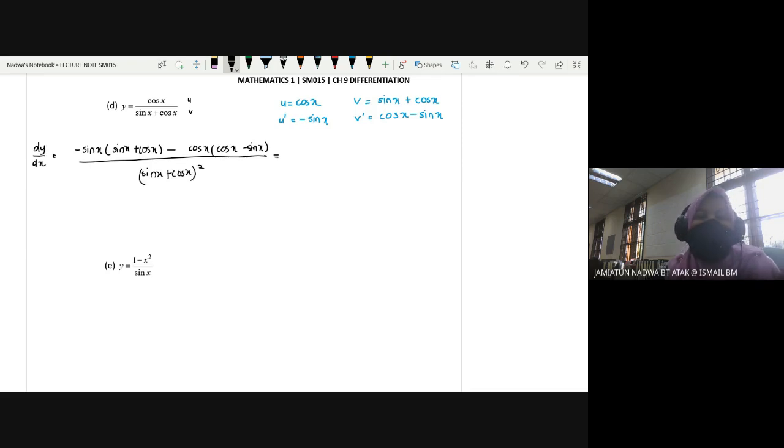Macam tu. Okay, when I simplify this, I will get negative sin squared x. Okay, kat sini dah differentiation kita dah settle kat sini.